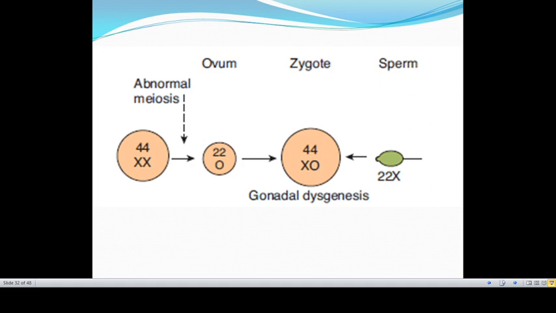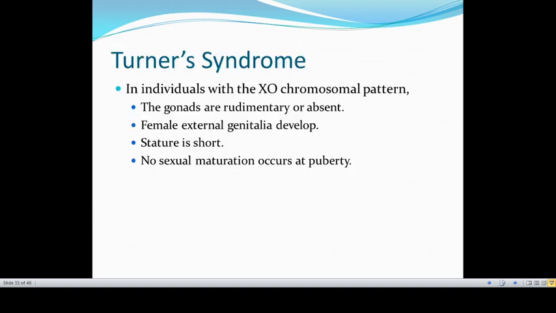This results in gonadal dysgenesis, which is also known as Turner syndrome. In individuals with the XO chromosomal pattern, the gonads are rudimentary or absent. Female external genitalia develop. The stature is short. No sexual maturation occurs at puberty.